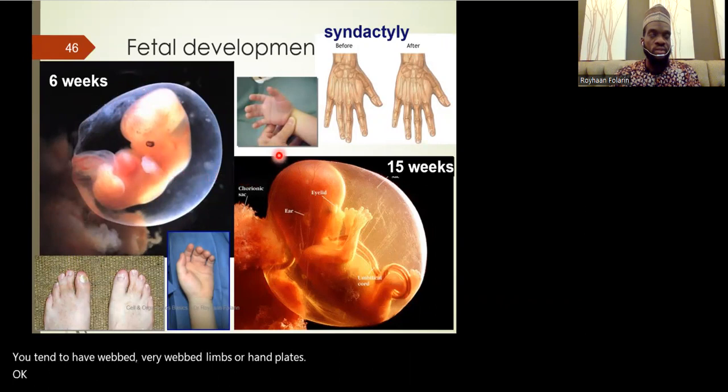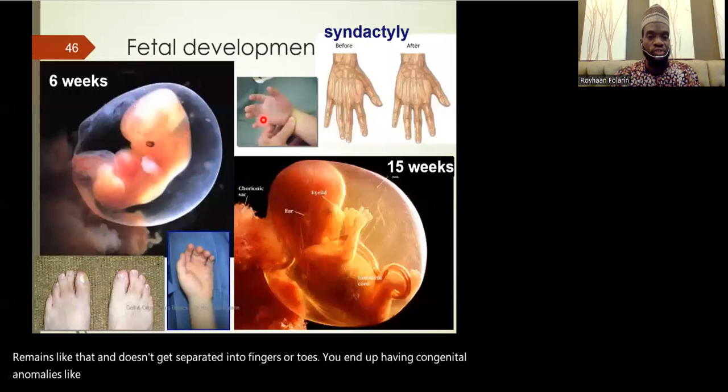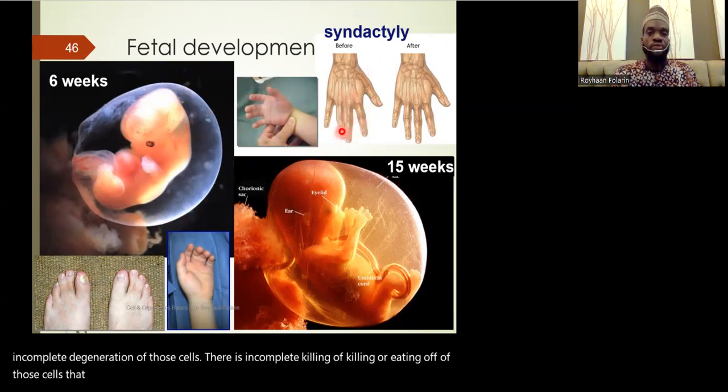So if it remains like that and doesn't get separated into fingers or toes, you end up having congenital anomalies like these, where fingers are joined or toes are joined. Okay, that's because there is incomplete degeneration of those cells. There is incomplete killing, eating off of those cells that lie between those fingers.